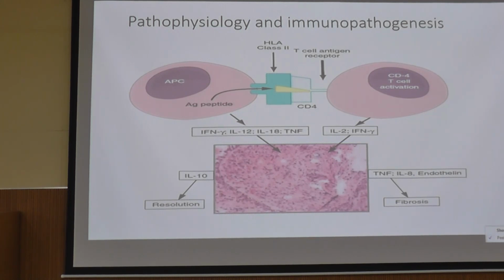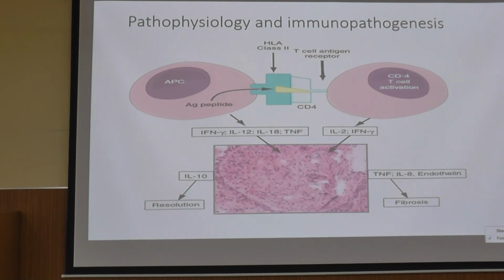Interferon gamma and TNF are the most important cytokines that result in granuloma formation. Subsequently, either there is rapid recovery, or there is fibrosis. Most of the time they recover spontaneously or with therapy, or they may land up with necrosis.